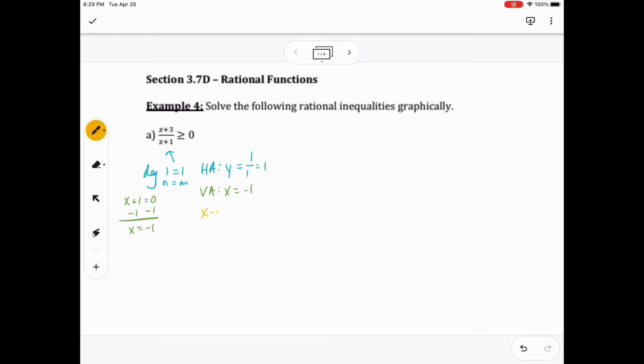Then I set the numerator equal to 0 to find the x-intercept, which in this case will be (-3, 0). Then I'll look for my y-intercept. I plug in 0 for x and I get 3, so I'll have a y-intercept of (0, 3).